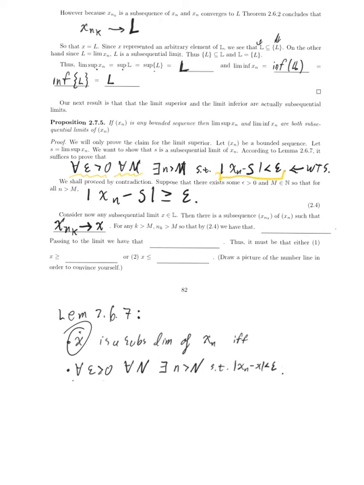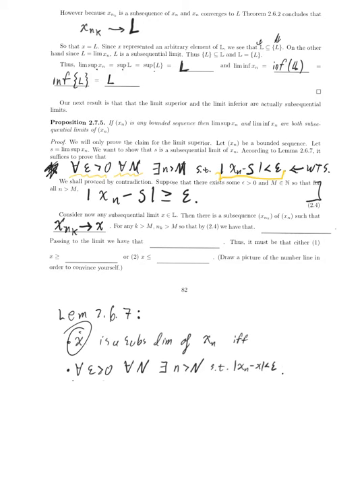Okay, so that's fine. I'm going to try to take advantage of this statement. No, not that statement. This statement. So if I can get n sub k to be bigger than big M, then I'll be done. Then I'll be able to make a conclusion about x sub n minus s.